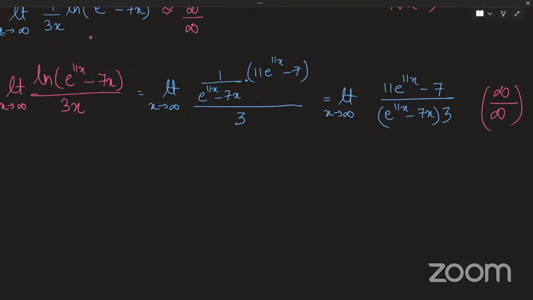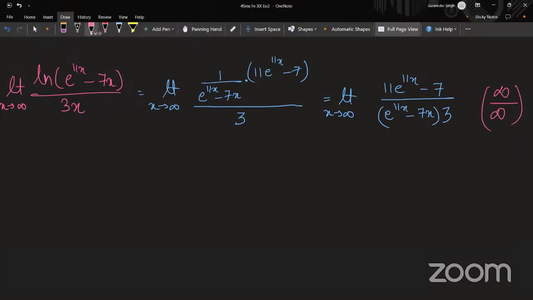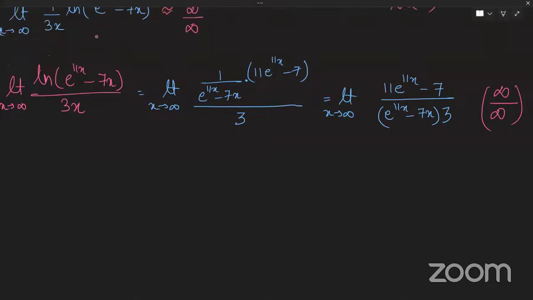So, do we know how to solve this? We have got infinity by infinity form, and along with the exponential function, we have a polynomial. So what do we do over here? Yeah, ignore the polynomial.